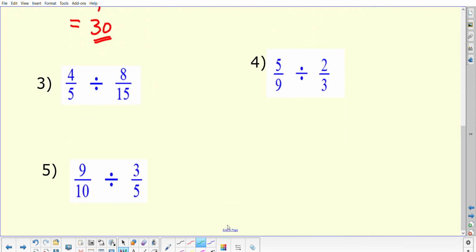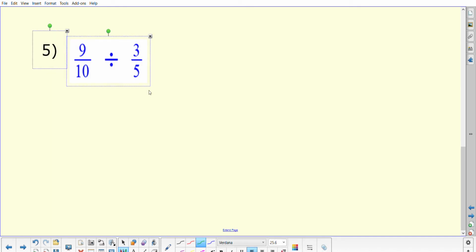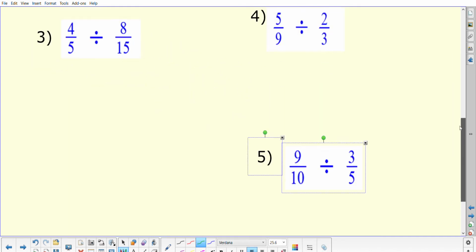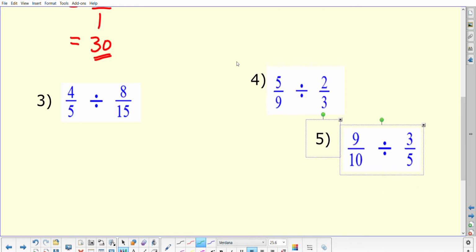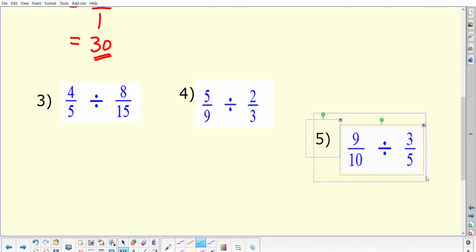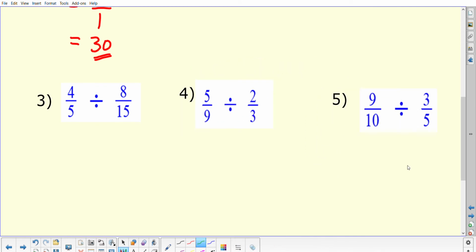So with number 3, just move this round a bit, give us a bit more space. So number 3, keep the first one. You'd be writing down that you have 4 over 5, switch to times and flip, so we get 15 over 8.